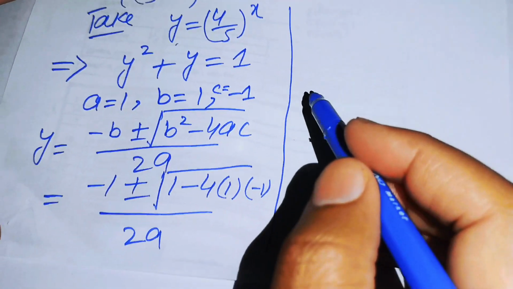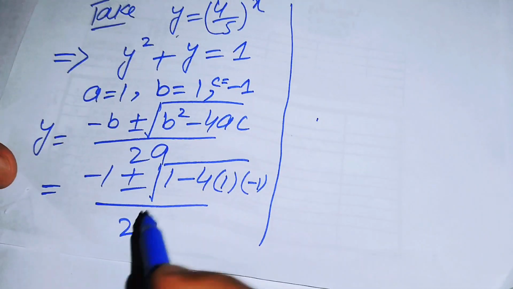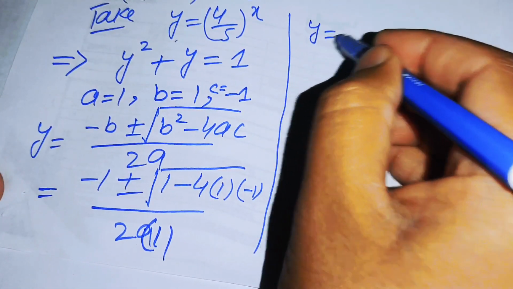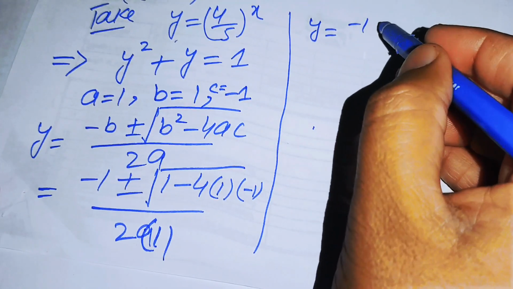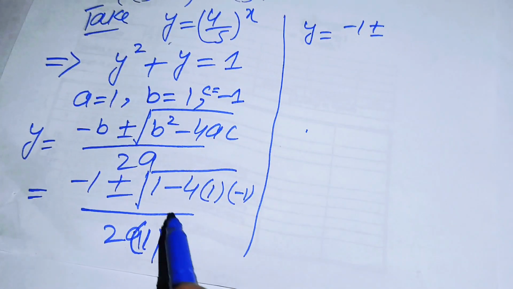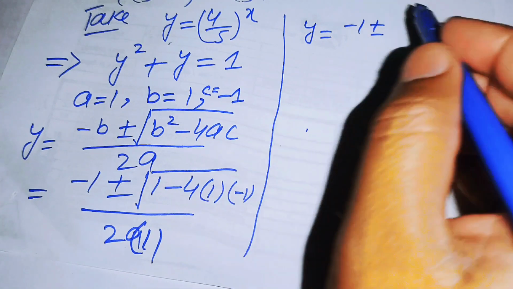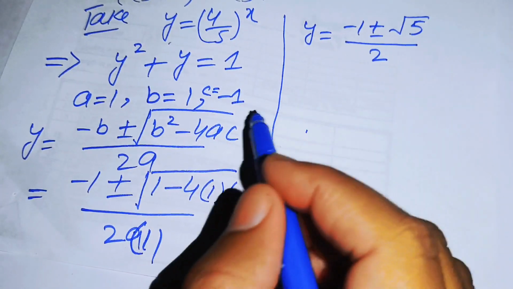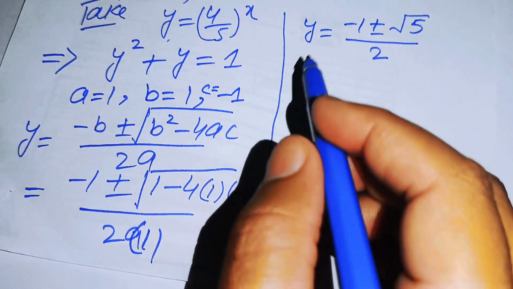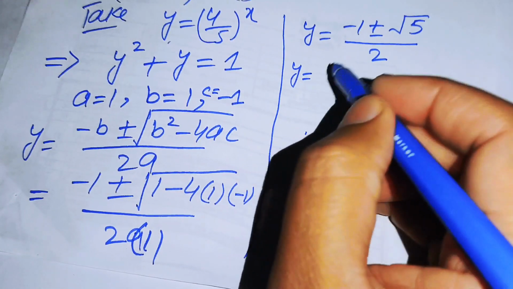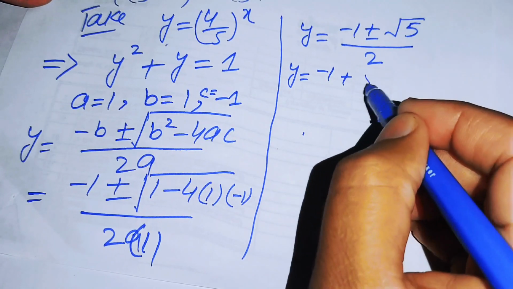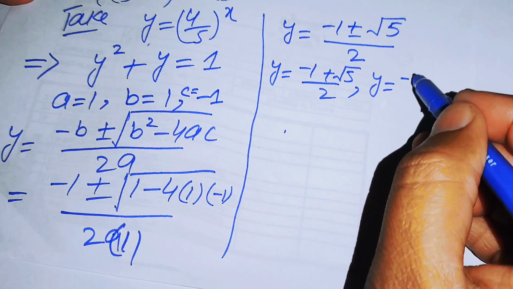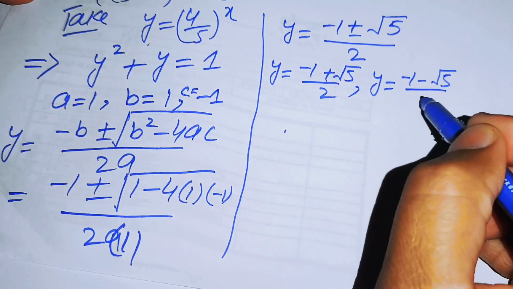Here we have two roots, and 1 plus 4 is 5, so y is equal to minus 1 plus minus square root of 5 over 2. When we break these two roots, we can write it as y is equal to minus 1 plus square root 5 over 2, and here we have y is equal to minus 1 minus square root of 5 over 2.